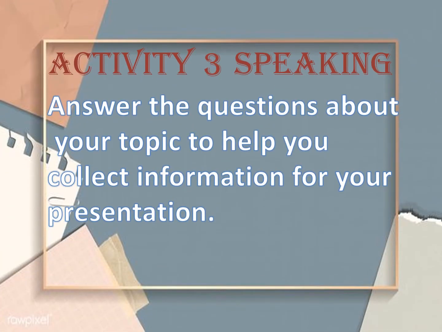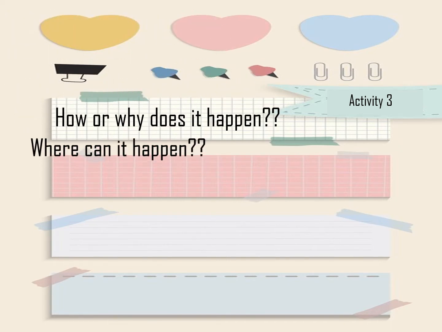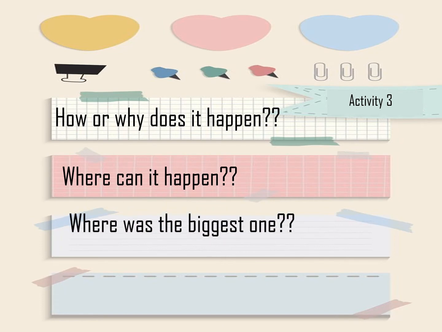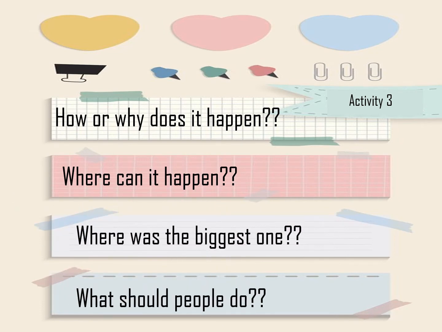Now, activity 3, answer the questions about your topic to help you collect information for your presentation. Move to page 58. Now, you have to answer the questions in order to collect the needed information to prepare your presentation about your topic.